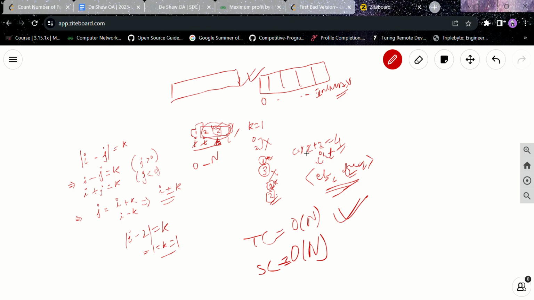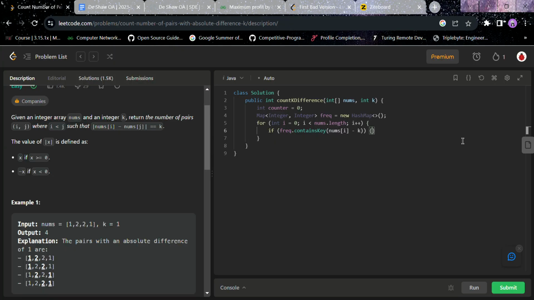That means we will increment by its frequency, like here we are incrementing by its frequency number. So we'll get its frequency number: counter plus equals to frequency.get(nums of i minus k).